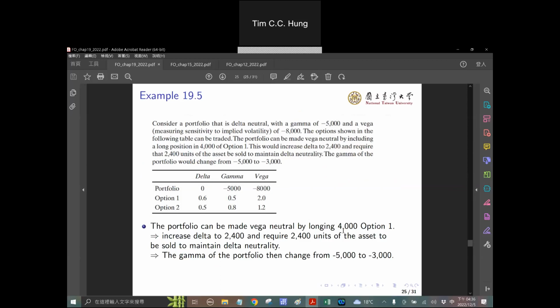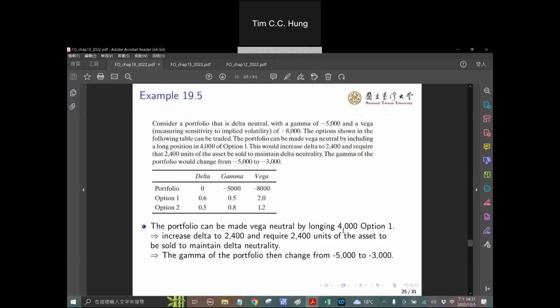So here it says that the portfolio can be made vega neutral by including a long position of 4,000 option ones. 4,000 multiplied by 2 equals exactly 8,000. 8,000 would cancel with our negative 8,000. That's basically what it means.